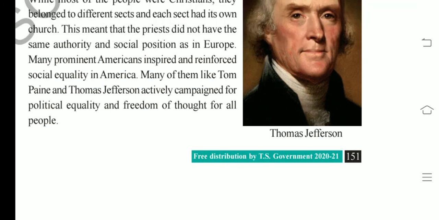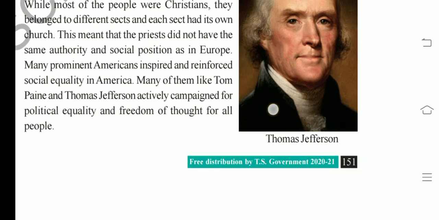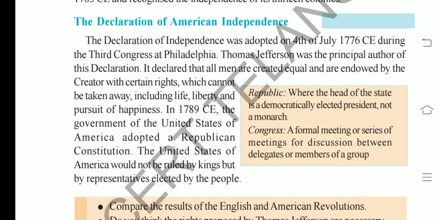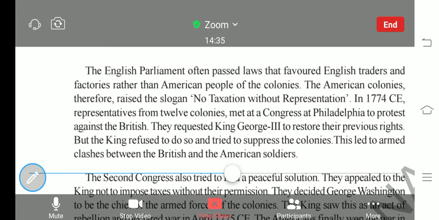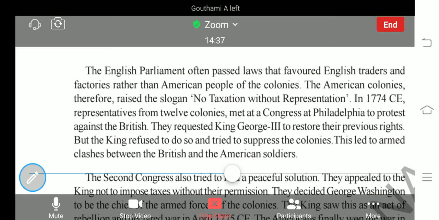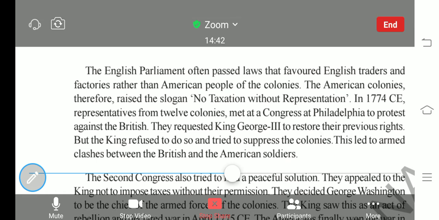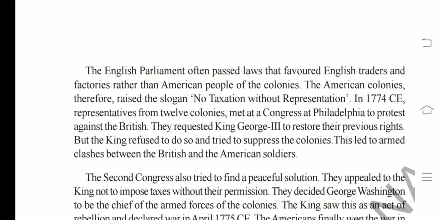That is the freedom advocated by Thomas Jefferson, understand? So those were important ideals advocated there. And in England, the English Parliament, that is the British Parliament, passed laws in favor of the English traders.